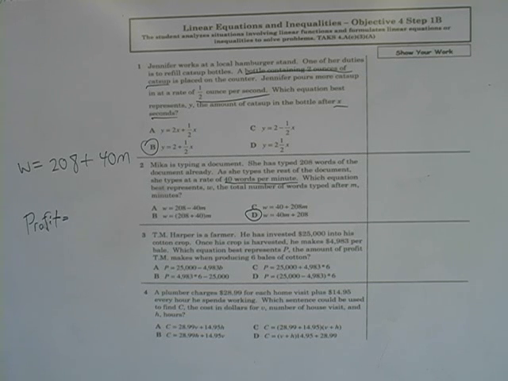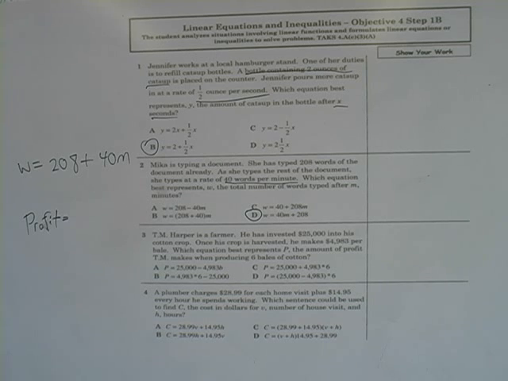So it's that amount, but then you have to subtract the amount that you spent. Okay? You didn't just make that money, you had to spend some money to be able to make that product.